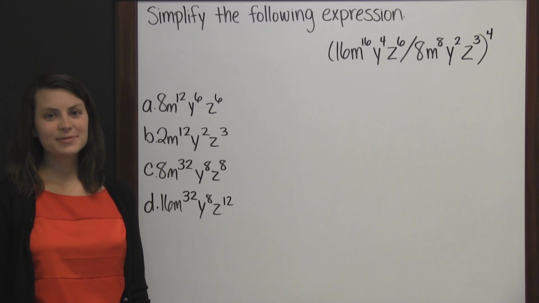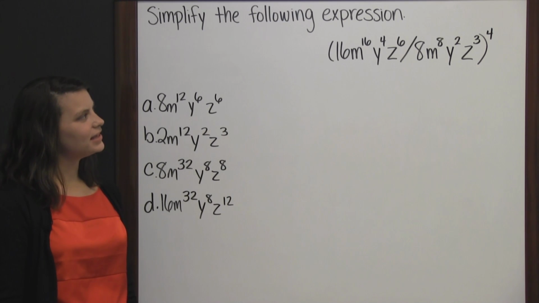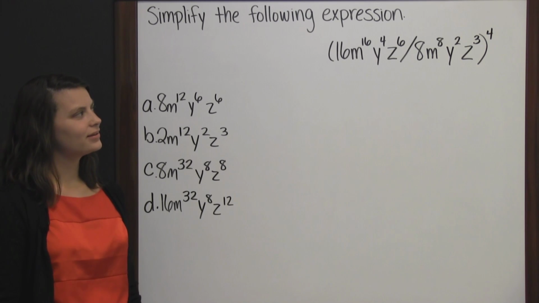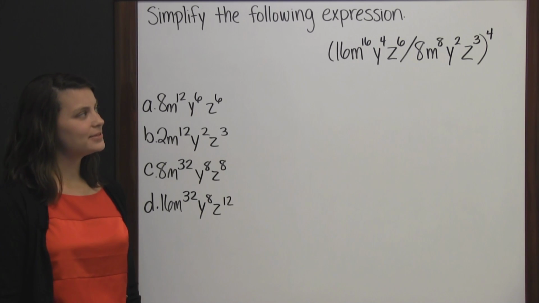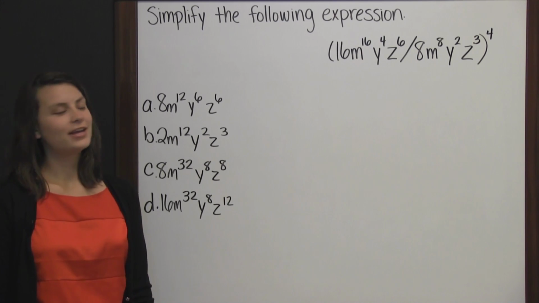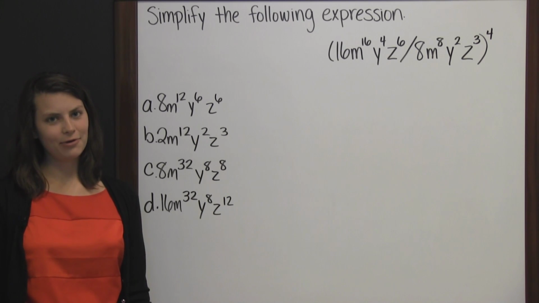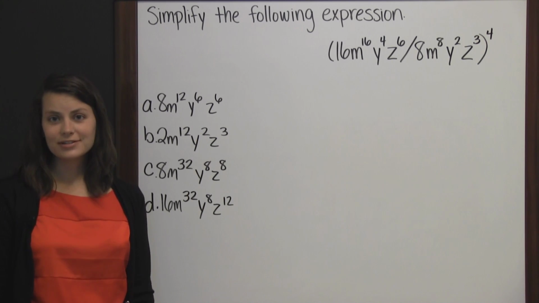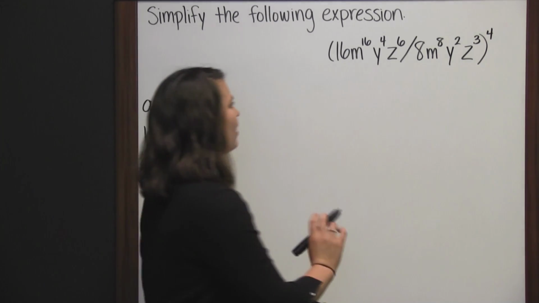Simplify the following expression. 16m to the 16th, y to the 4th, z to the 6th, divided by 8m to the 8th, y squared, z cubed, all raised to the 4th power. First, we want to simplify before we raise to the 4th power.